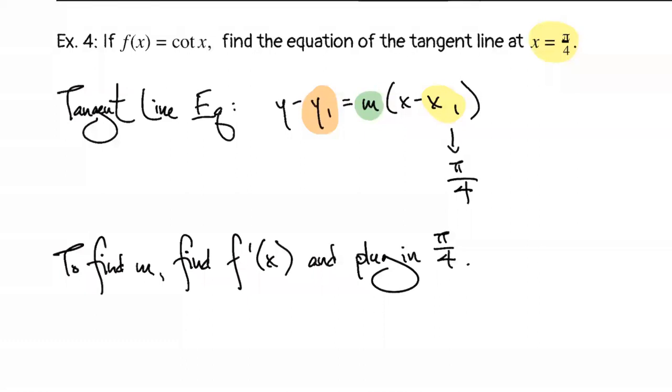Okay, so f prime of x, if f of x is cotangent x, what do we have for f prime of x? Maybe we should start with, is it going to be positive or negative? All right, well, cotangent starts with a C, so it's going to be negative cosecant squared x.